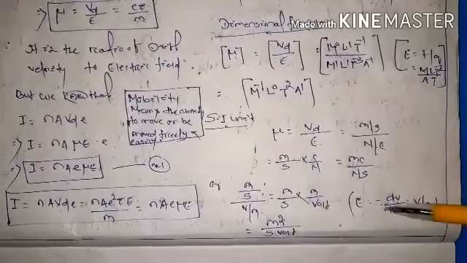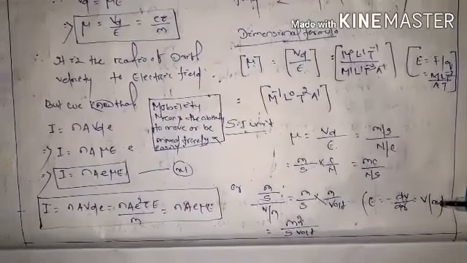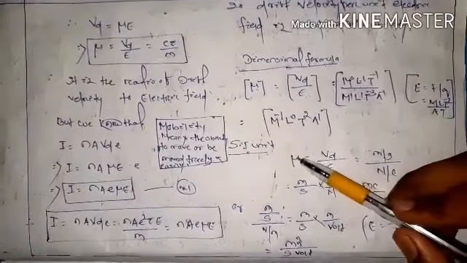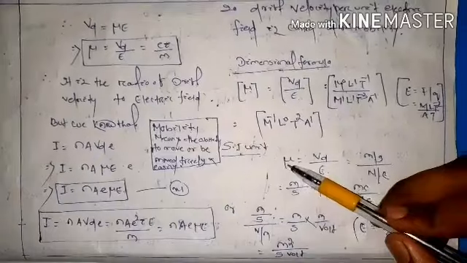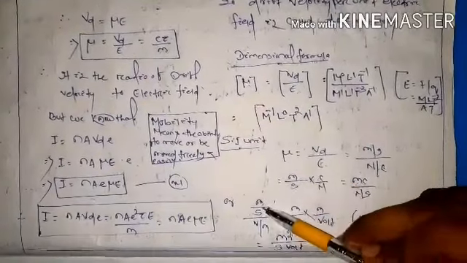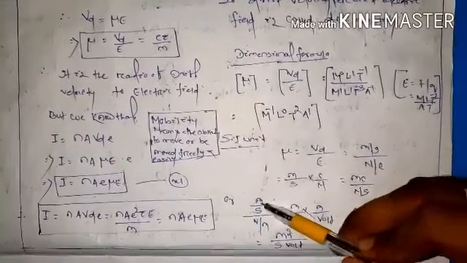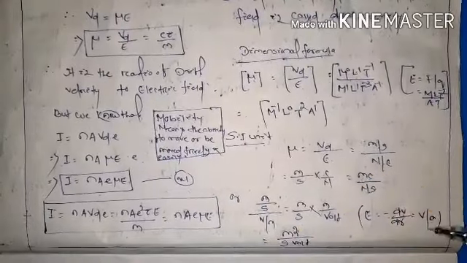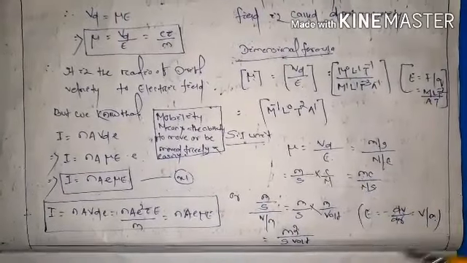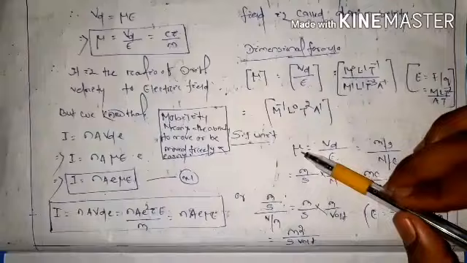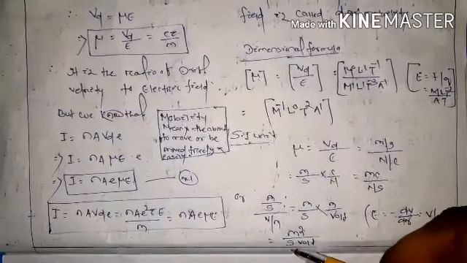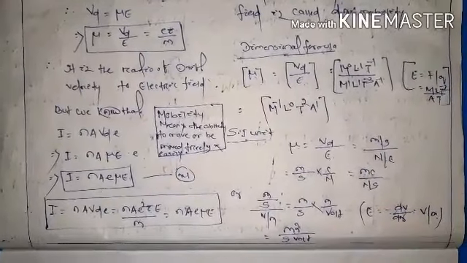Unit of electric field is volt per meter. So the other unit of mobility: drift velocity is meter per second and electric field is volt per meter. So finally the unit of mobility is meter square divided by second into volt.